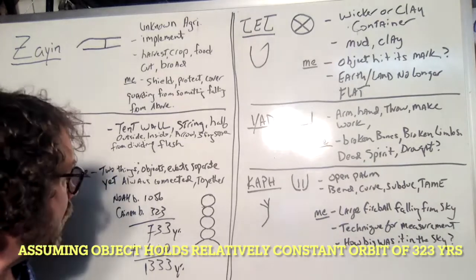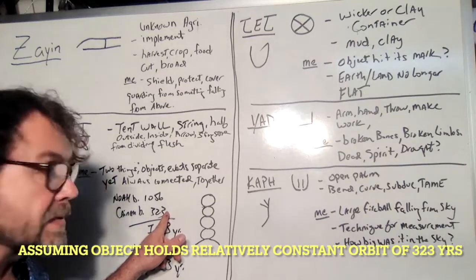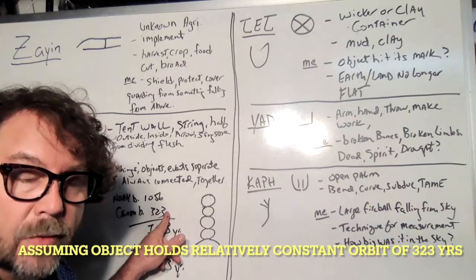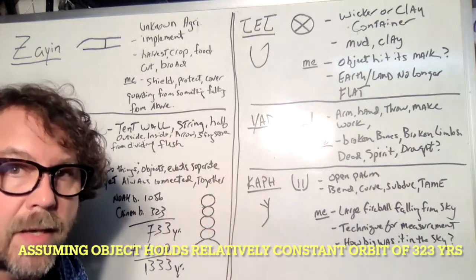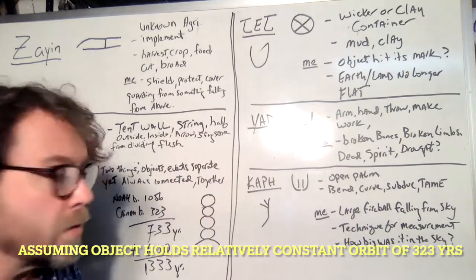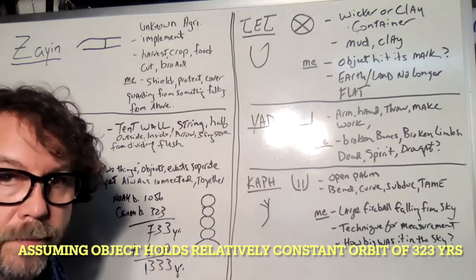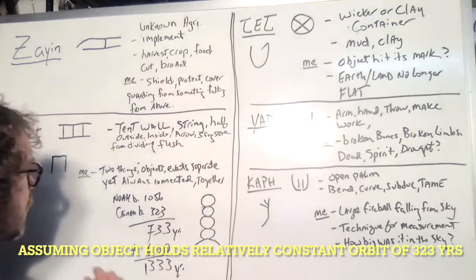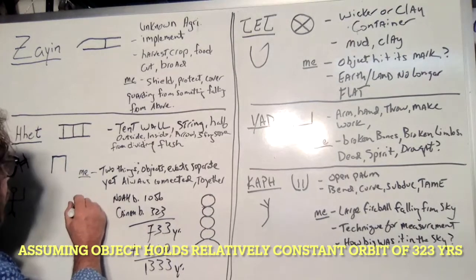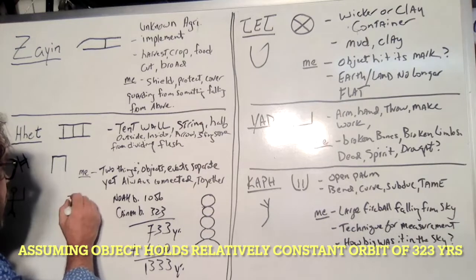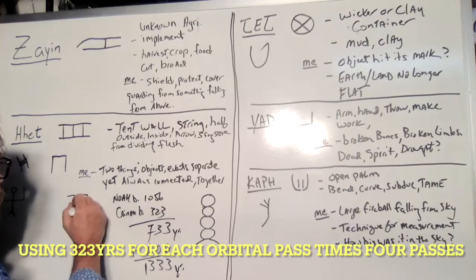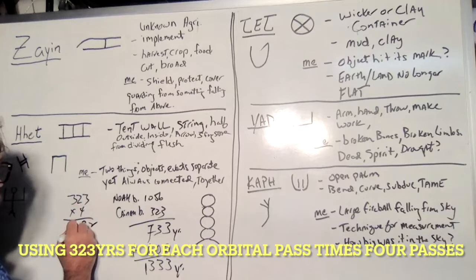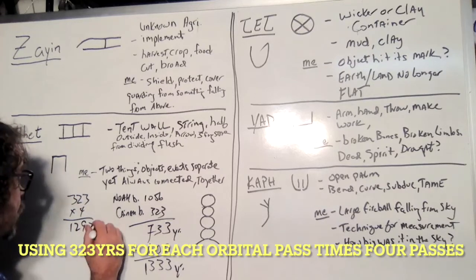Now then, what can we do with that? Well, if we take this 323 years, the very first revolution of this thing, and we multiply that times 4, let's see what that gives us. 323 times 4 is 1,292 years.